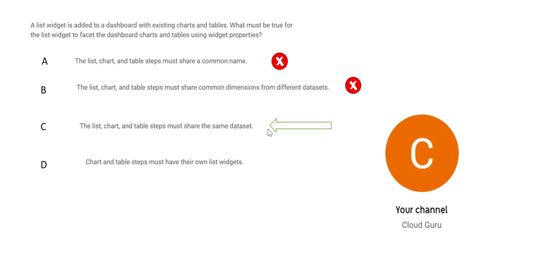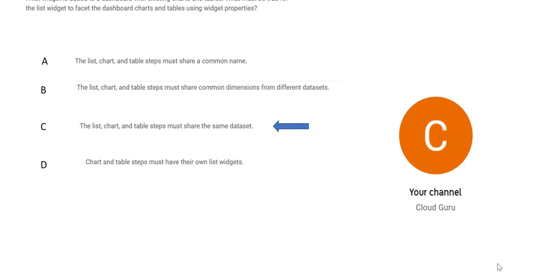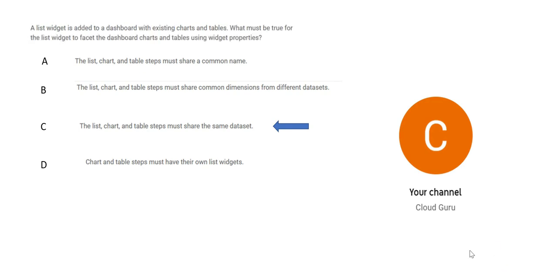They can be faceted only if they are sharing the same dataset. And option D says chart and table steps must have their own list widgets. That's not correct. Otherwise, they cannot facet. So D is wrong as well. So this is our answer. Let's lock this and move forward.